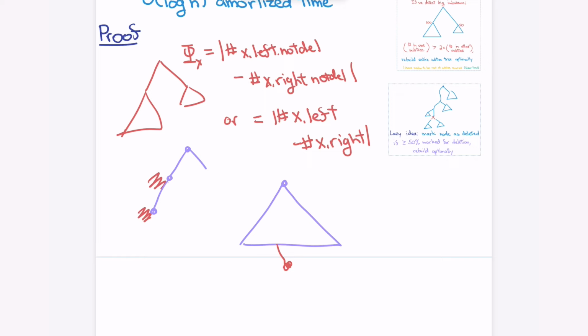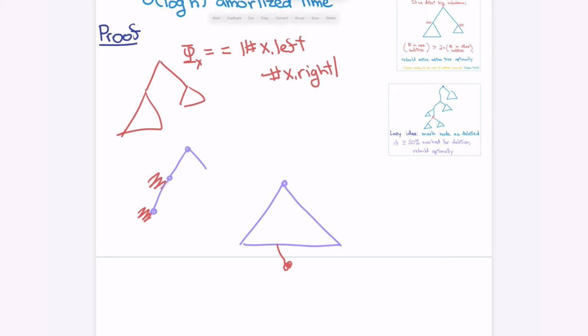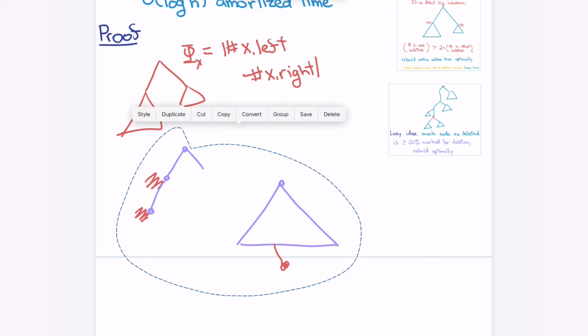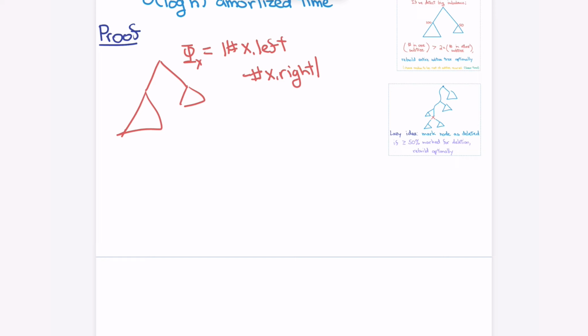But anyway, I'm going to go with the second definition, like what we had before. So this is any node, marked or not. Just like before, the height will always be logarithmic in the total number of tree nodes in your tree, which if we just maintain this deletion rule, will always be within a factor of 2 of the actual number of nodes.